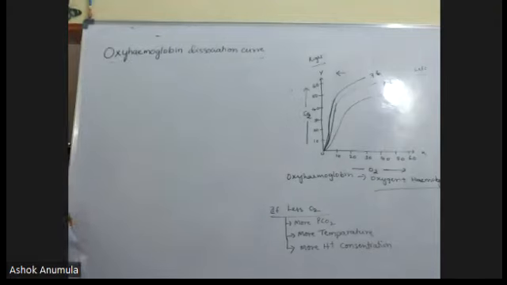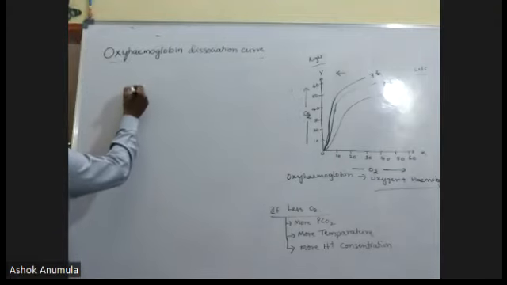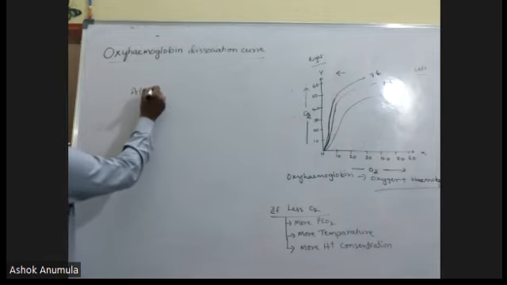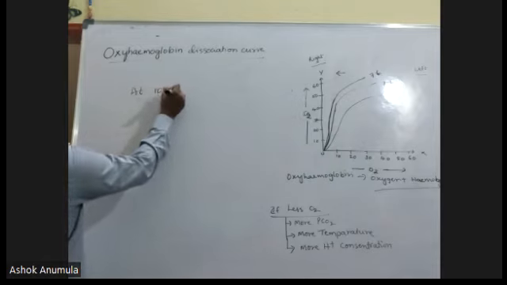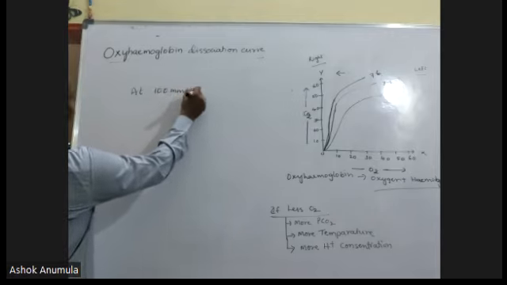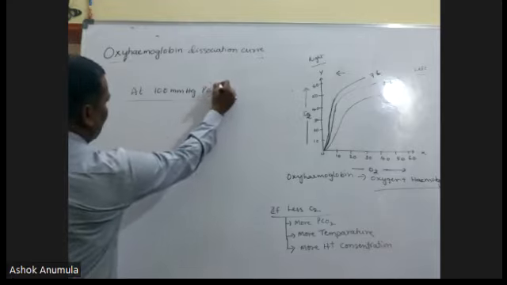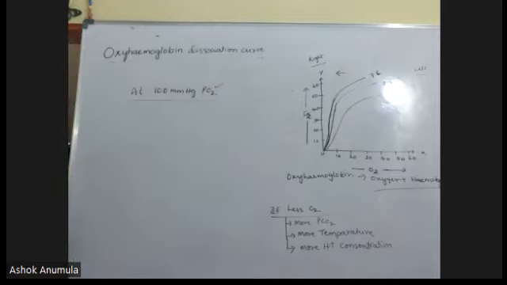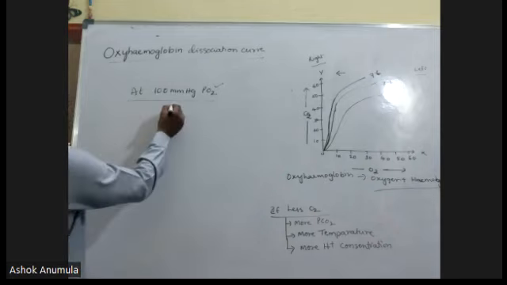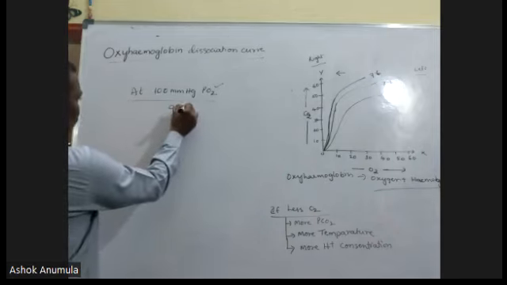At 100 mmHg of PO2, when the partial pressure of oxygen is high, 97% of hemoglobin is satisfied.